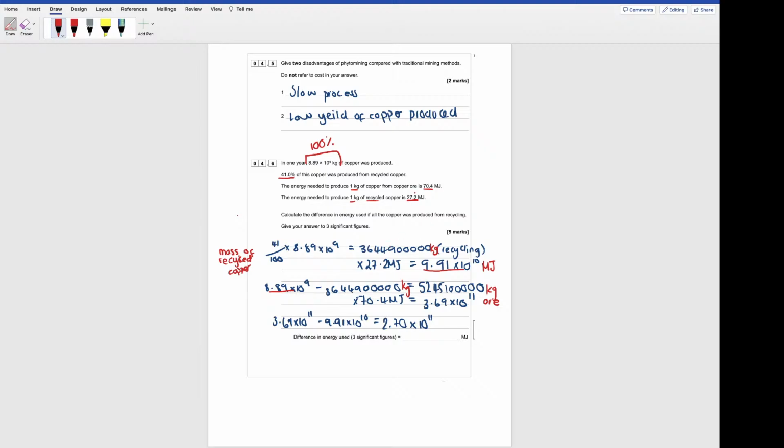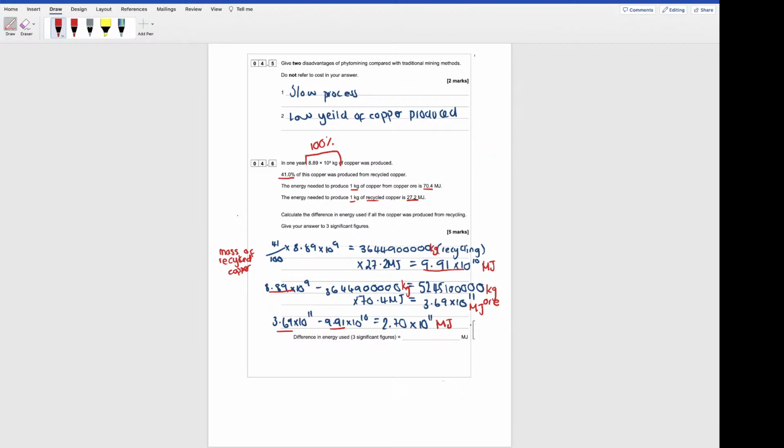I can multiply it by the value 70.4, because for every kilogram, that's how much energy was used, and I get 3.69 times 10 to the 11 mJ. So now I know the energy from the ore and the energy from the recycled. I can find the difference by subtracting the smaller one from the bigger one, and I get 2.7 times 10 to the 11 mJ.